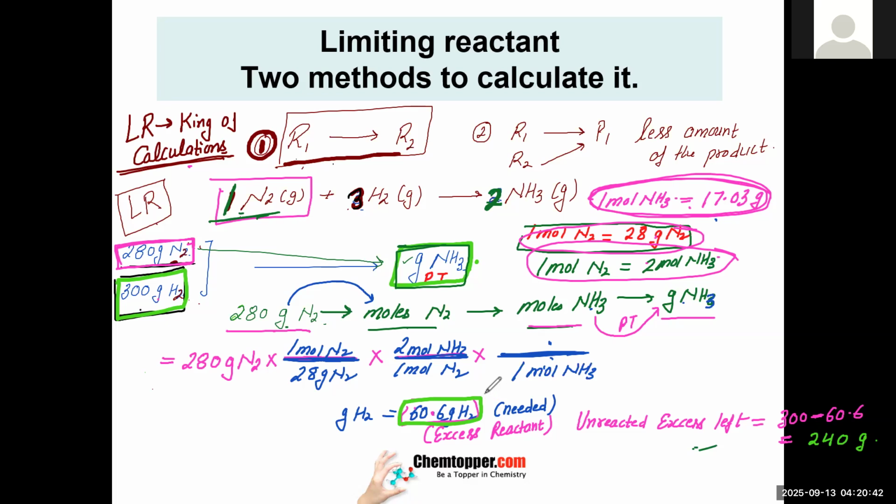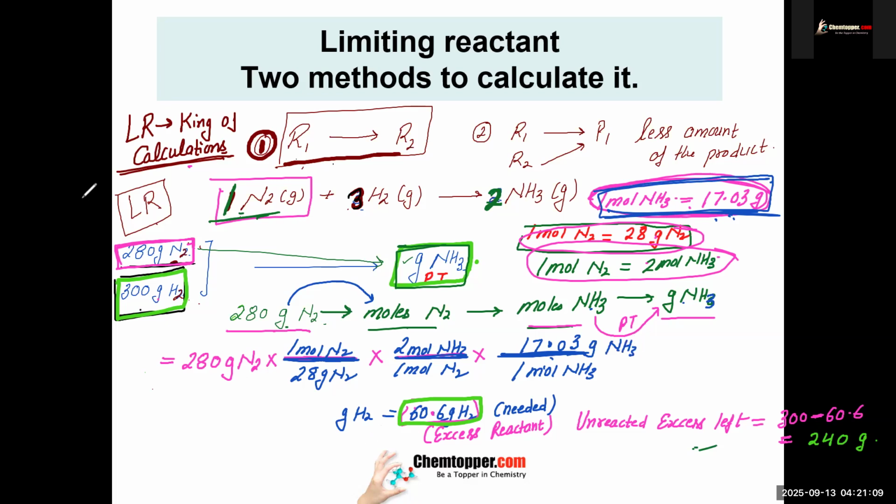You want grams of NH3, but how many grams? 1 mole of NH3 is how many grams? It's written here. 17. You should pay attention here, everything is written.